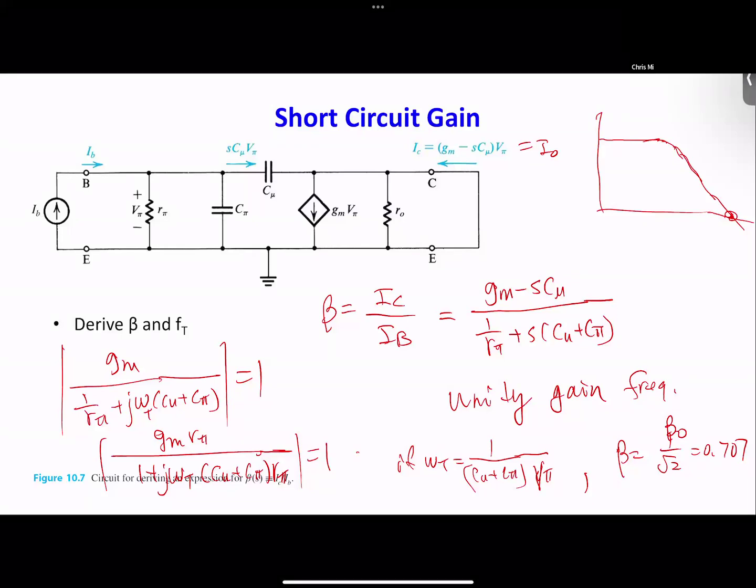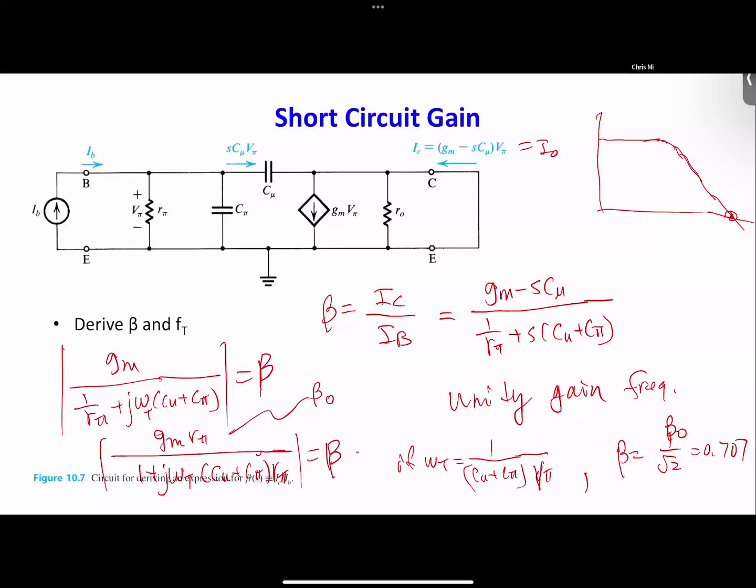Yeah, so this term is beta, right? So basically I multiply R pi to the top, so this becomes GM times R pi. I only got rid of this because this is small, I neglect it. Yeah, so this is better, and then, well, it doesn't always have to be 1.